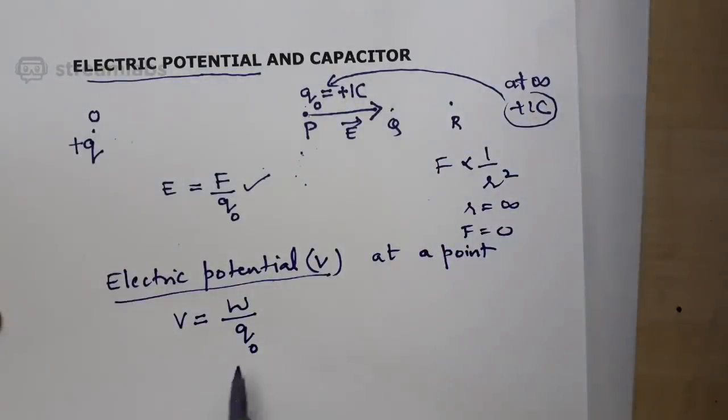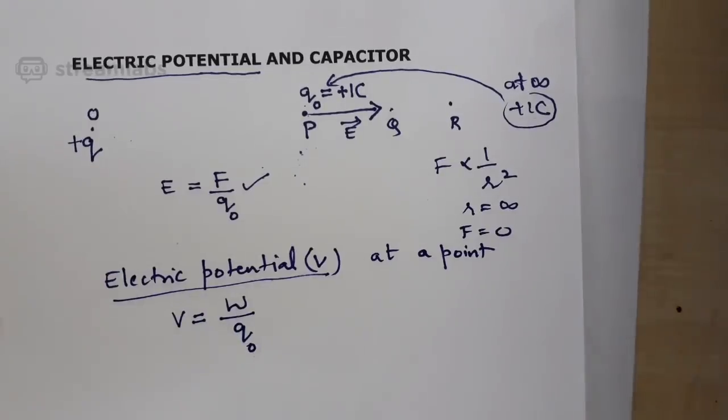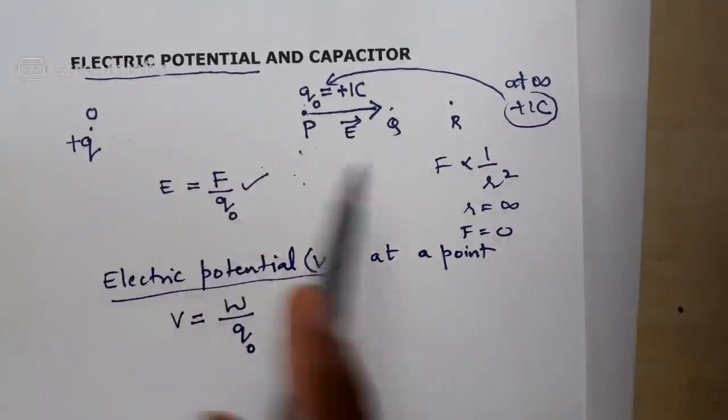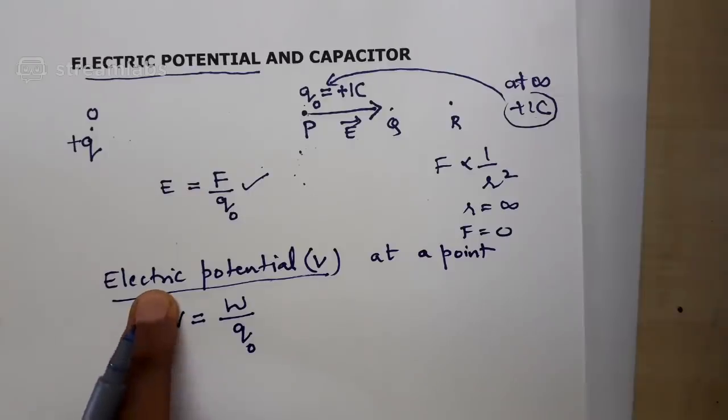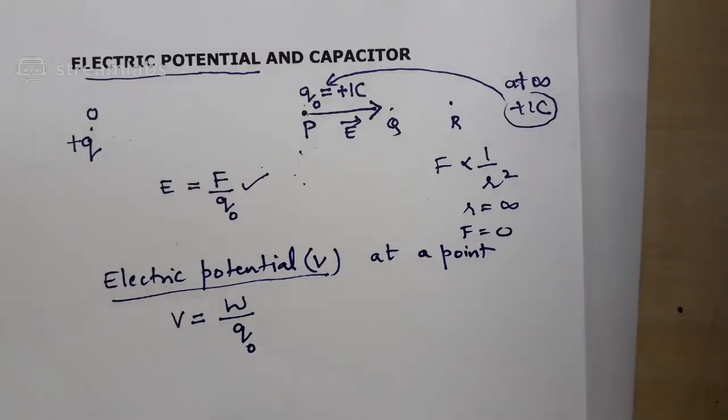The point to be noted is, in this formula, Q naught is a unit positive charge, and W is the amount of work done in moving a unit positive charge from infinity to a point P against the electric field. Now, this is one of the physical quantities because it is measurable. Just like electric intensity, electric potential is also a physical quantity. When I say it is a physical quantity, you can think of its unit.